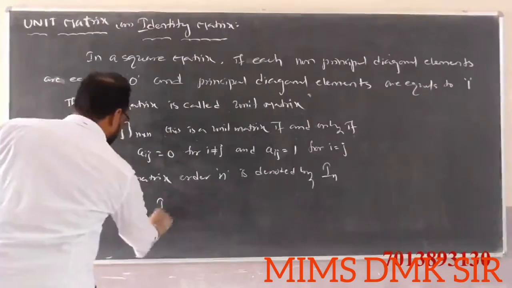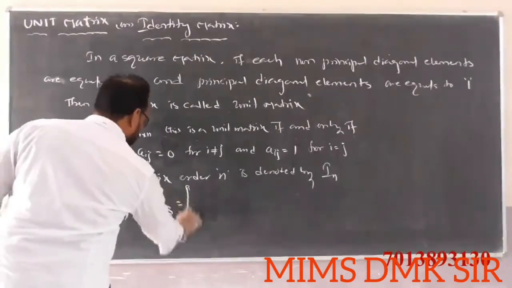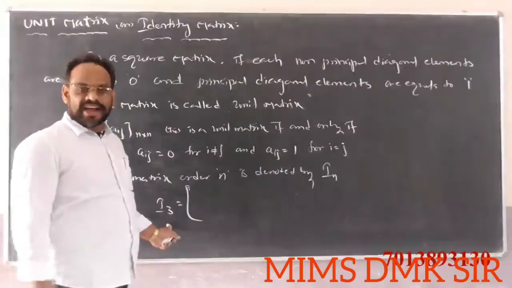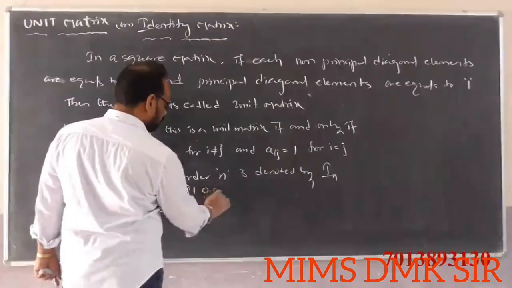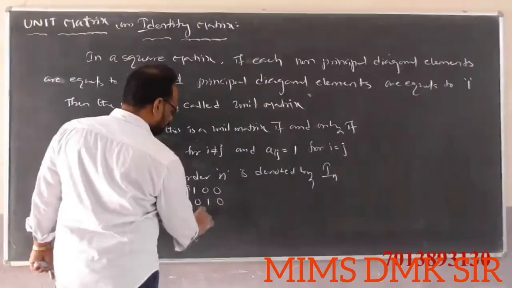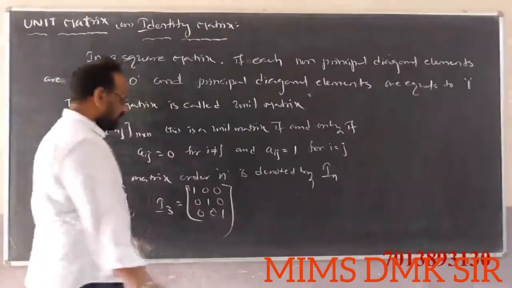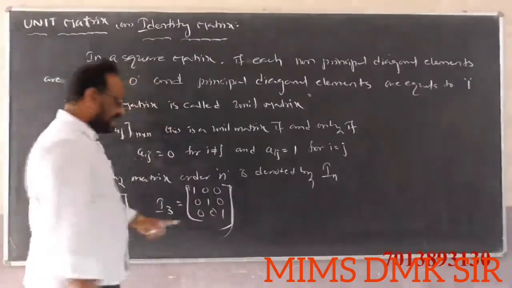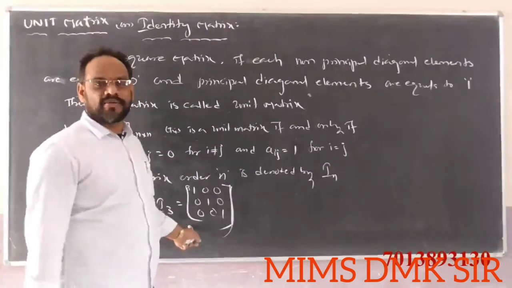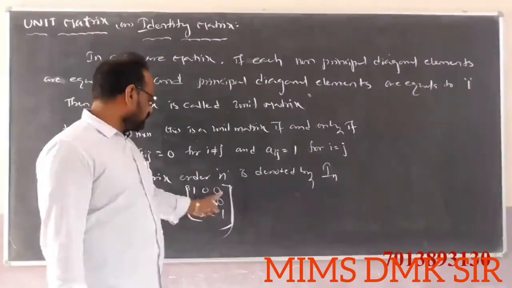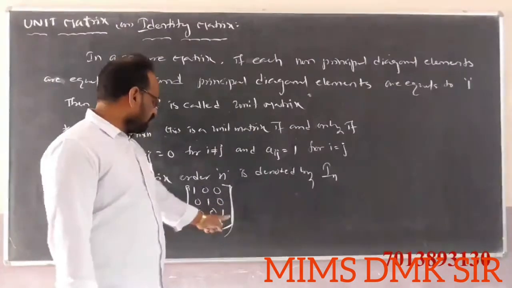Say identity matrix or unit matrix of order 3. I3 means identity matrix of order 3. Observe here, 1 0 0, 0 1 0, 0 0 1. This is a unit matrix or identity matrix of order 3.